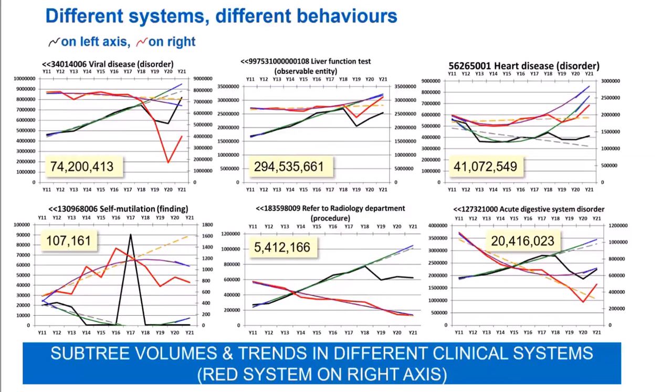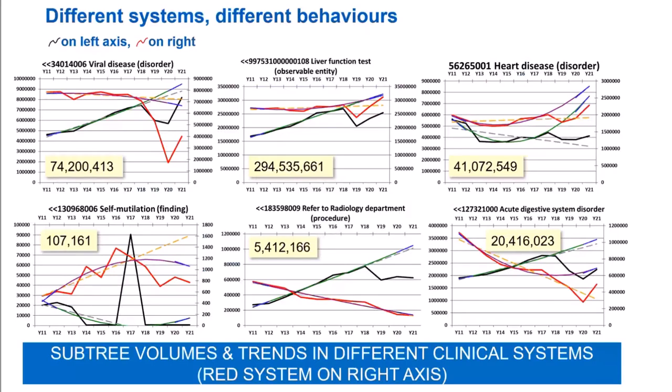And the first thing to say is that the red line is in most of these graphs plotted on the right-hand axes. And so we can see that the absolute numbers are broadly the same. So the top of the right-hand axis is 9 million per year, and the left hand is 10 million per year. So they're broadly the same amounts, but the shapes of the curves are very different.